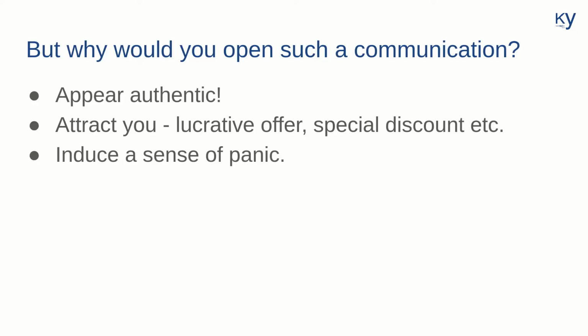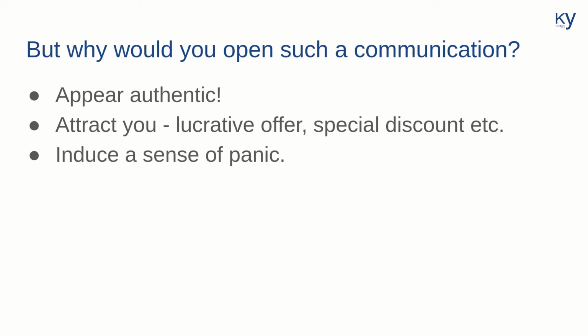Or the attacker will pretend to be Netflix and offer you a few months of subscription if you fill out a certain form or enroll in some contest. So it's very easy to fall for these traps. You have to be very careful. The third technique that they use is to induce panic or a sense of urgency.